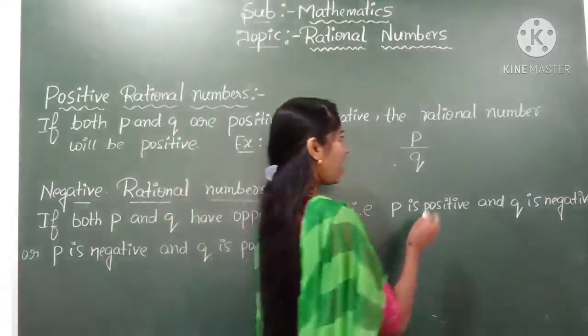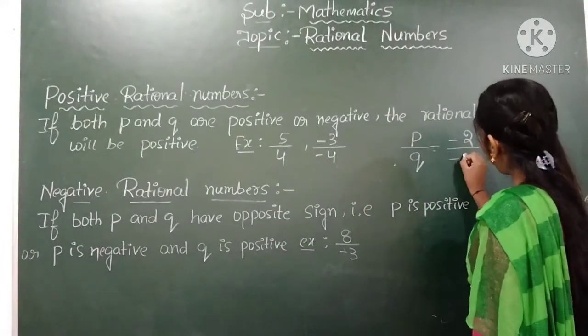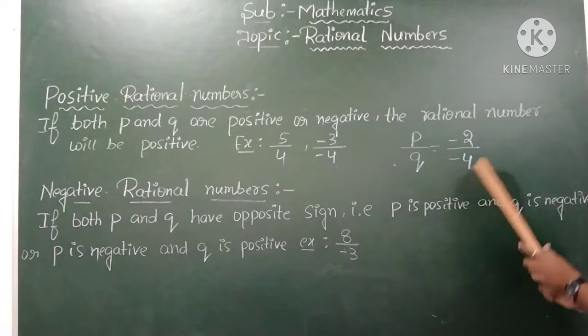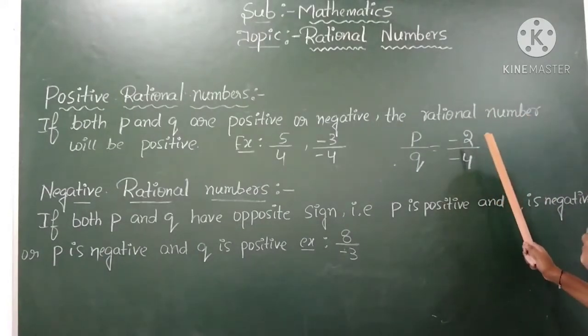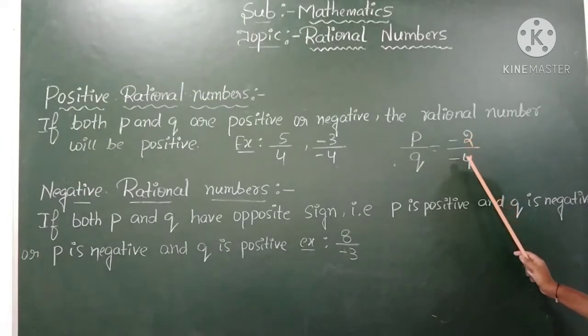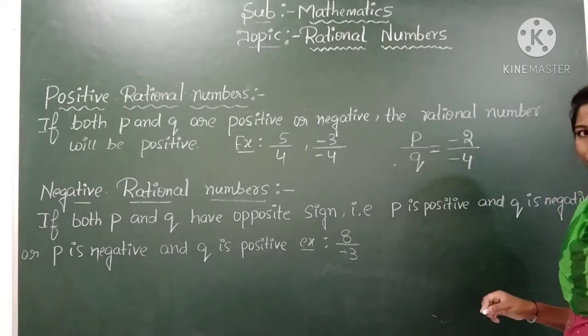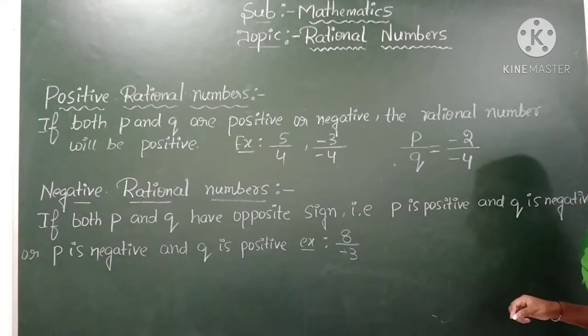How can you tell this? Minus 2 by minus 4. Yes, this is called a positive rational number. Both are negative. You can make this positive by the equivalent rational number condition.